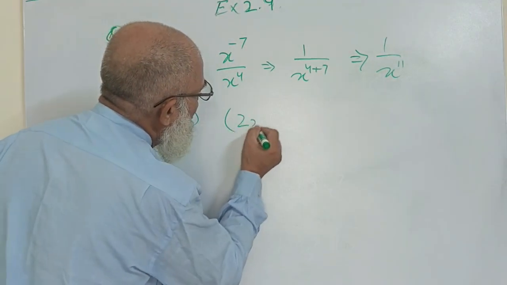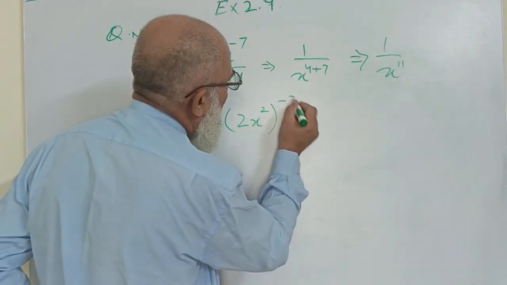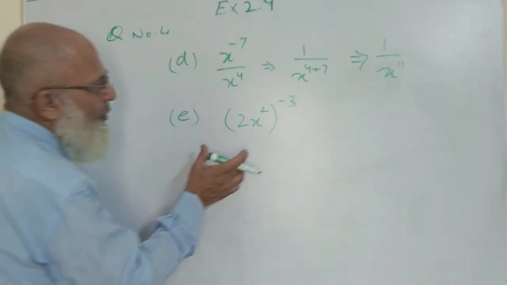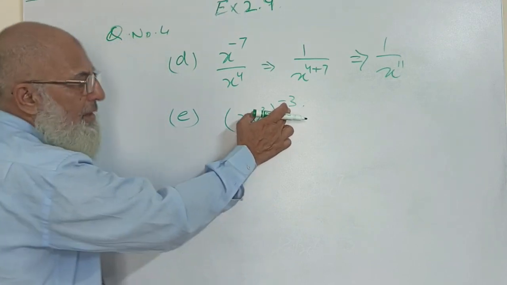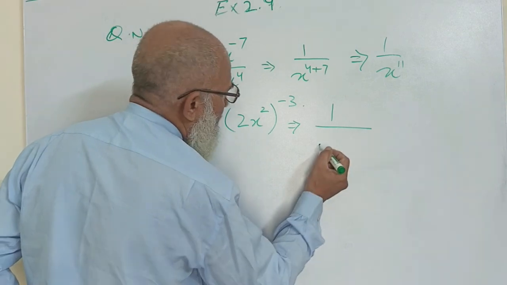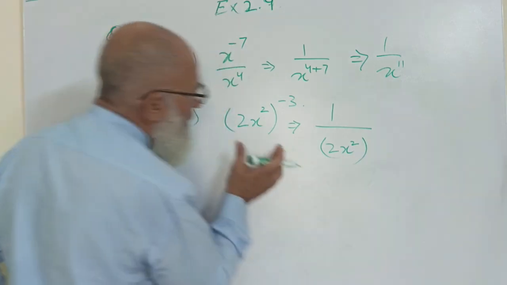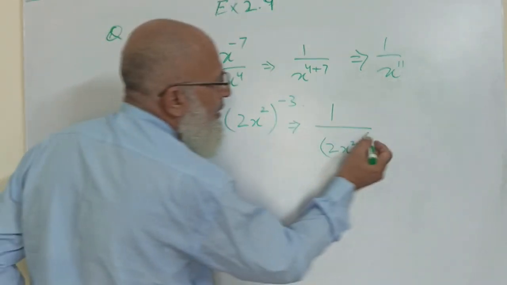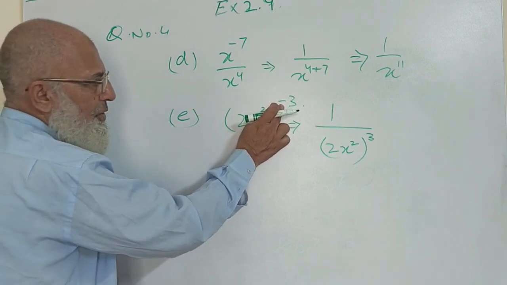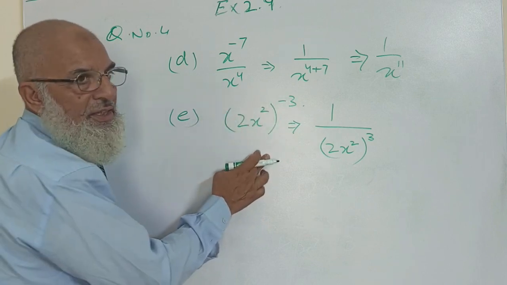So it is 2x square whole raised to power minus 3. First of all, we have to change this sign by doing it like this. Now we have brought everything which is enclosed within the bracket because of this minus 3 being applied all over this bracket.